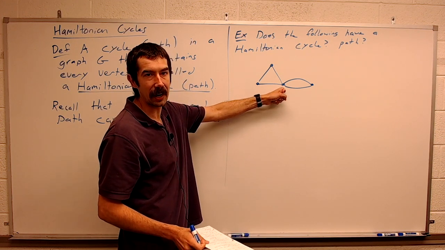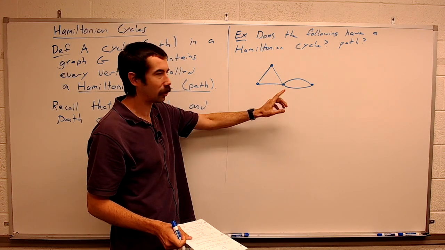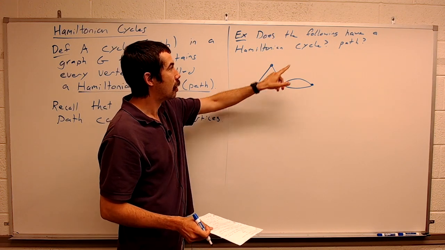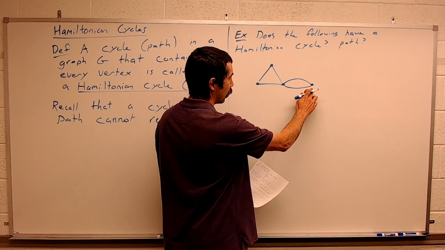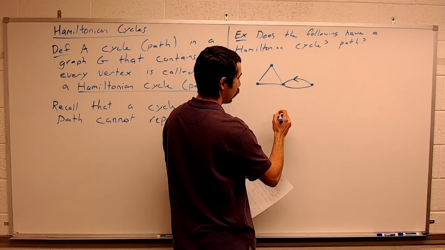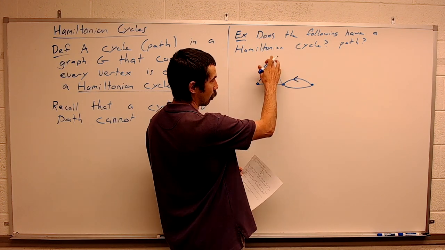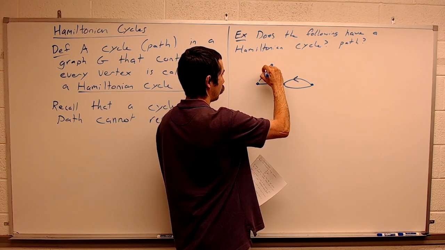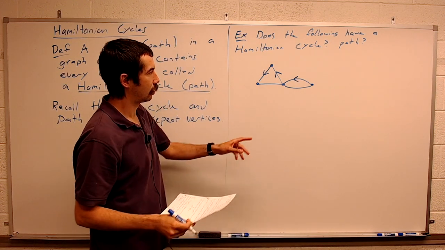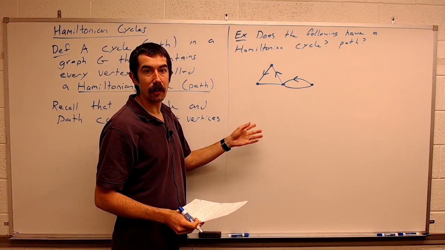So we can't have a Hamiltonian cycle, right? Try it. Try to find a Hamiltonian cycle. You're going to find some issues. But we can find a Hamiltonian path, right? If we start here and travel this way, and then we could either go up or down, it doesn't really matter. So let's go here and here. That is a Hamiltonian path.